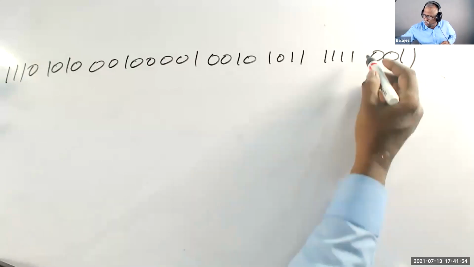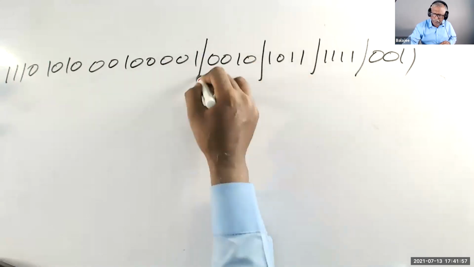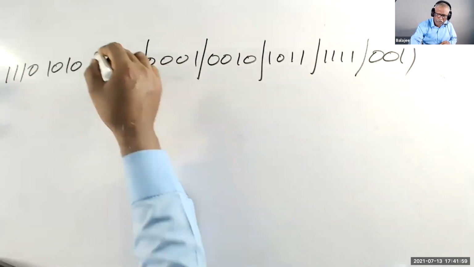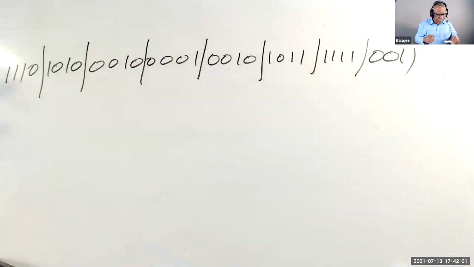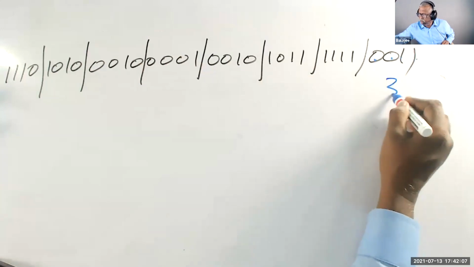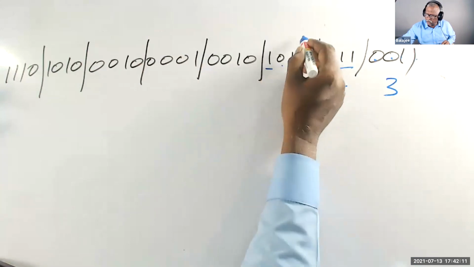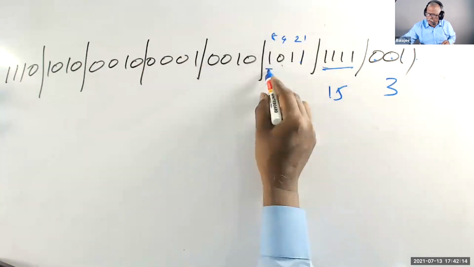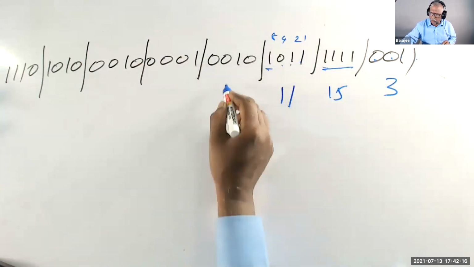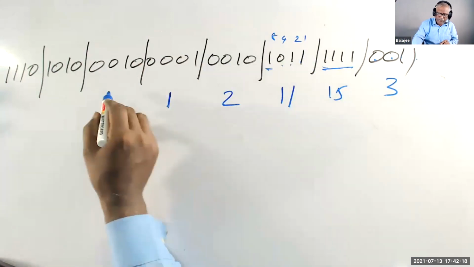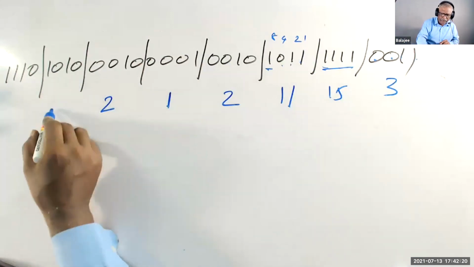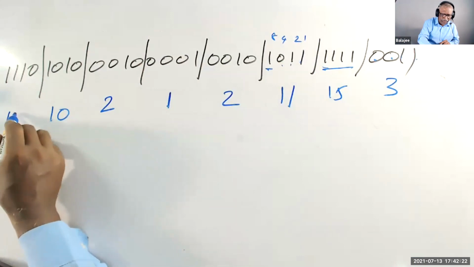Now I split into groups of 4, every 4. Understand? Now what did we get? This is 0011, that is 3. 1111 is 15. 1011 is 1, 2, 4, 8: 8 plus 2, 11. This is 2. This is 1. This is 2. This is 10. This is 14.